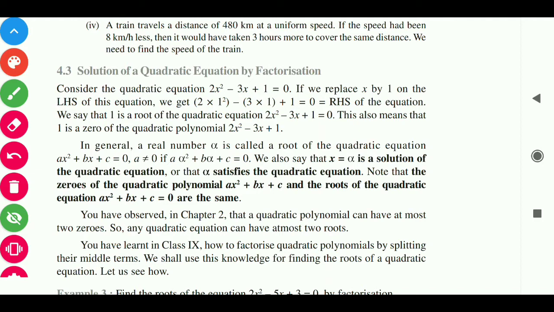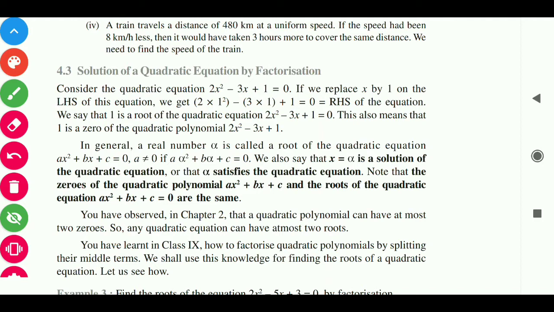Now, in general, a real number alpha is called a root of the quadratic equation ax square plus bx plus c equals 0, where a is not equal to 0, if a alpha square plus b alpha plus c equals 0. We also say that x equals alpha is a solution of the quadratic equation, or that alpha satisfies the quadratic equation.